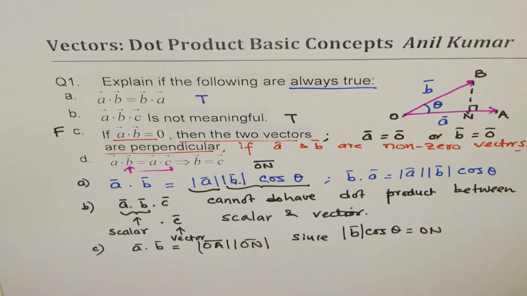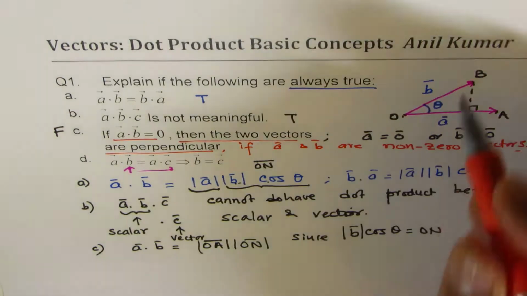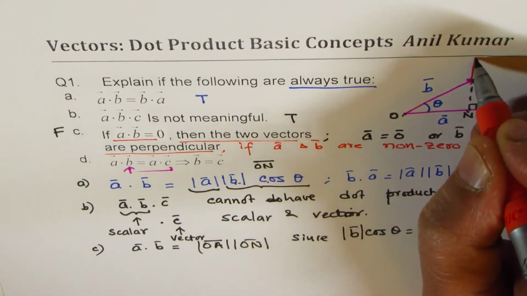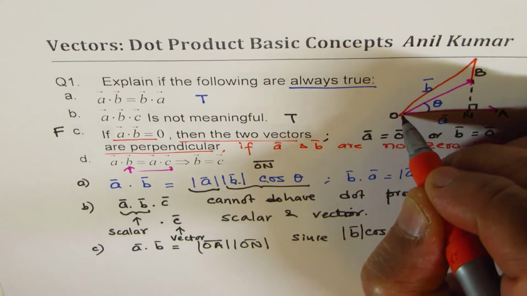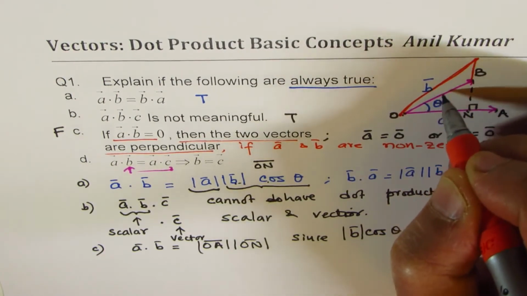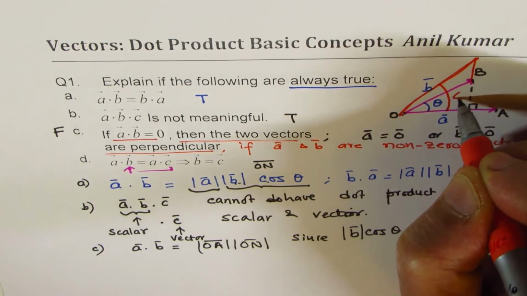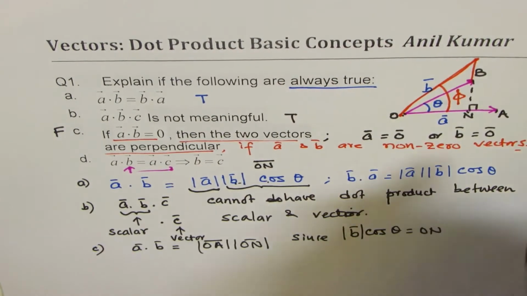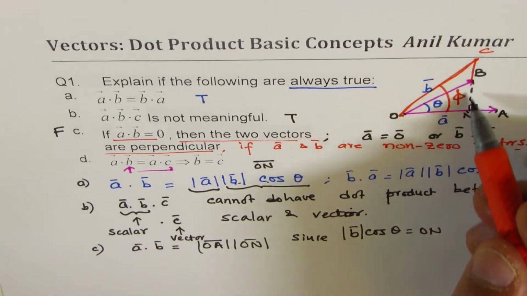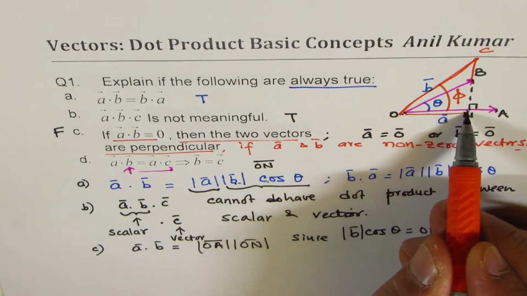Now I could have a scenario where there is another vector C which is kind of like this. Do you see that? Now the angle is different. Let's say the angle is phi. However, the projection of C is still the same as ON.